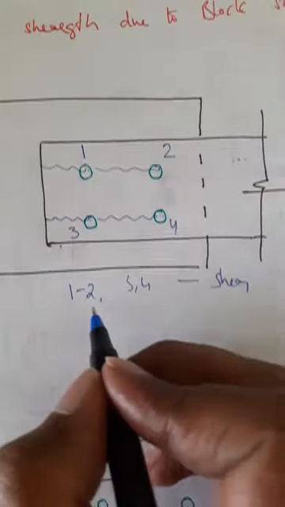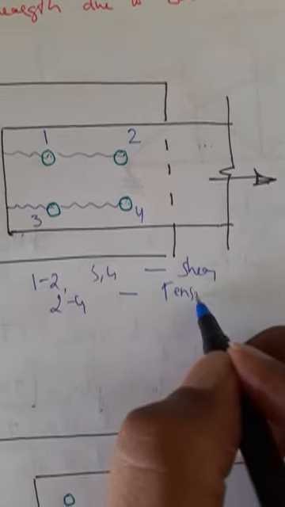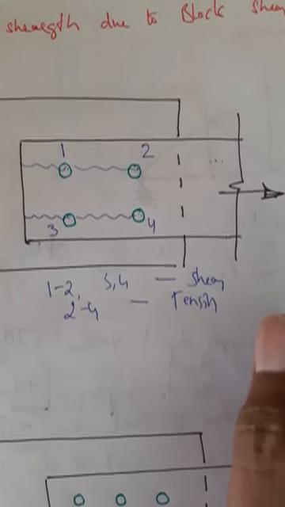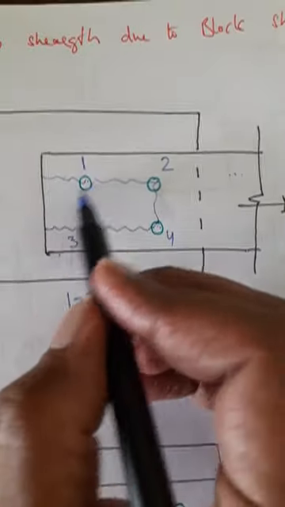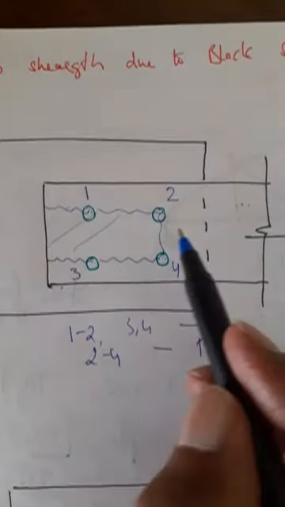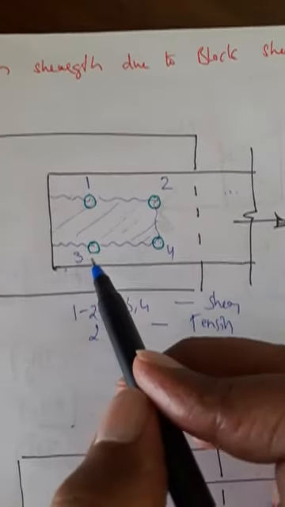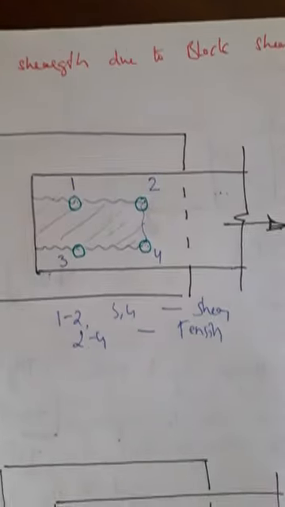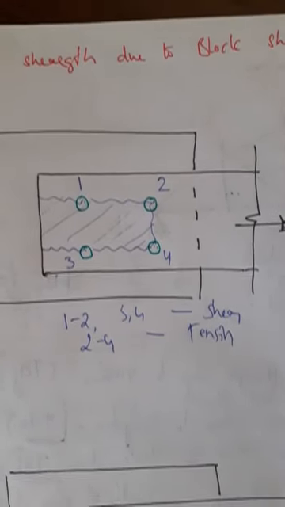The line 2-4 will be in tension. So if failure occurs, this much part of the member may come out and this whole member will fail. This type of failure is called block shear.